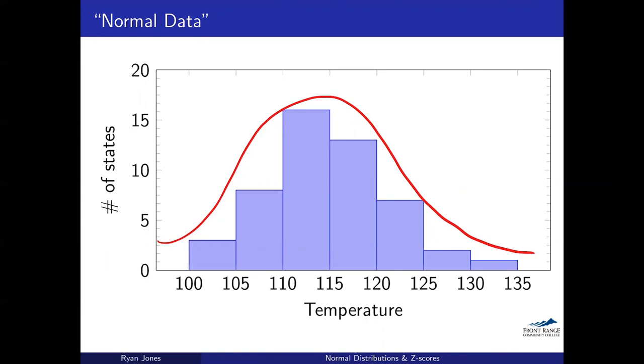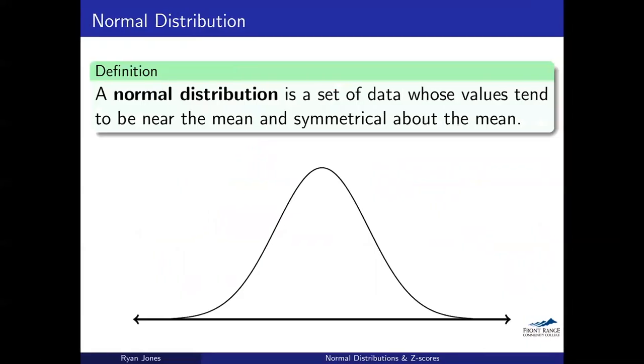So this sort of shape here, we actually decide to give it a name. Informally, we'll call it a bell curve. Formally, we'll call it a normal distribution. And so when we say normal distribution, what we're actually referring to is a set of data. So if I give you the set of data that is the highest recorded temperatures in each state, and I tell you that is a normal distribution, I'm referring to all of that data.